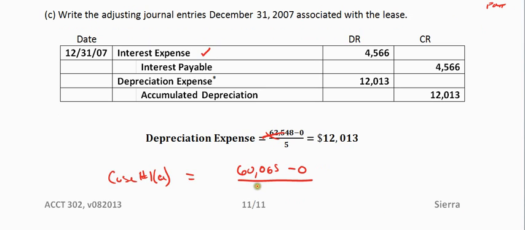Let's see, we can do this one together. Lots of fun doing accounting together. Okay, 60,065 divided by 5. And sure enough, that's the right answer. I just forgot to change the amount capitalized. Okay, $12,013.